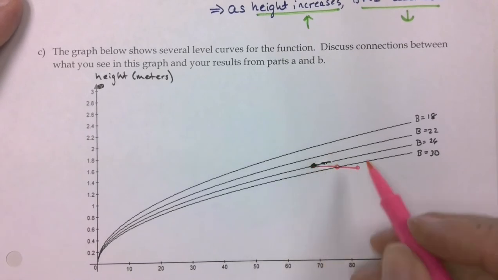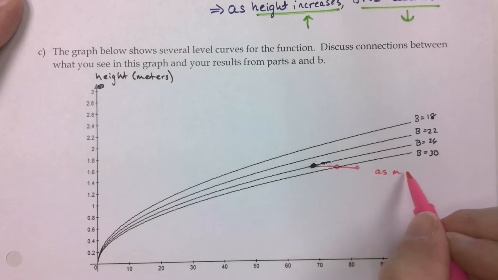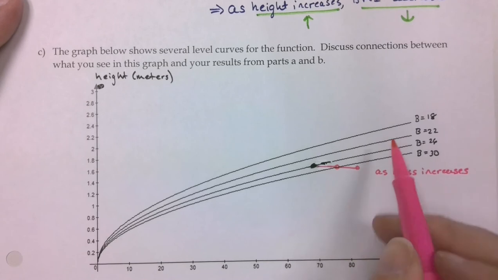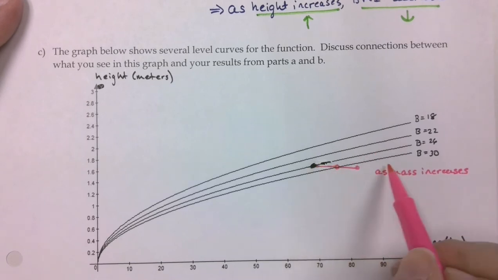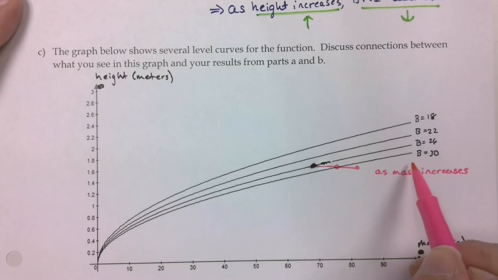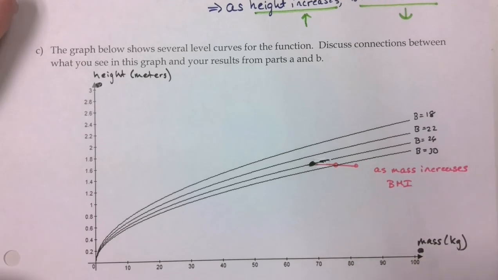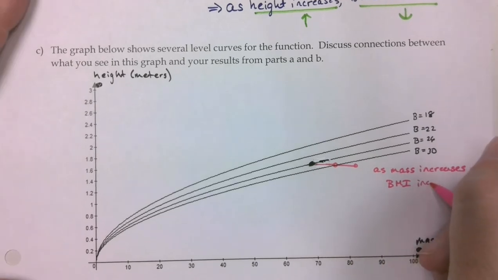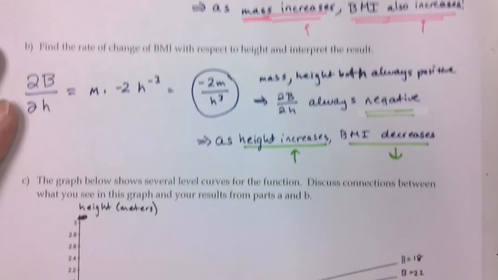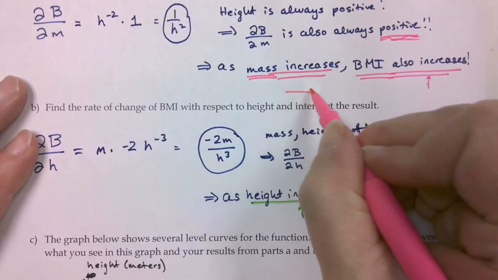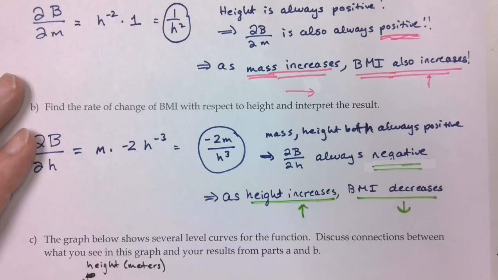So if I do that, then as the mass increases, what's happening to the BMI? Well, you're moving from the 26 curve to the 30 curve, one would imagine, to the 34 curve right below it. So as mass increases, BMI increases. You're gaining weight, but you're not gaining height, right? So you're moving to the right. I guess instead of putting arrows this way, I should have done it like this. As your mass increases, your BMI is also increasing.